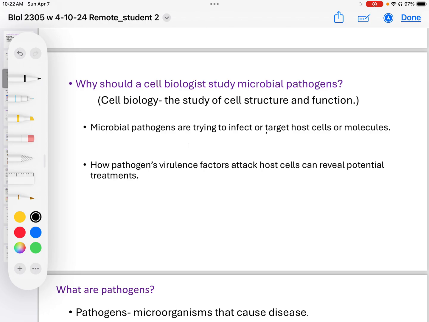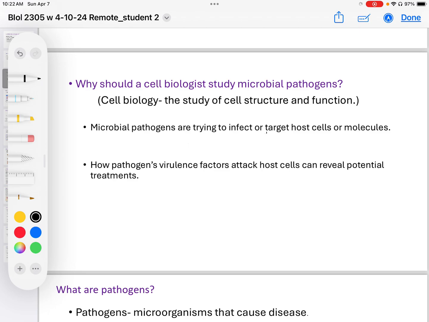Well, if we're thinking about the perspective of a microbial pathogen, they are trying to infect or target a host cell or molecule. And by knowing and learning about those factors, which are these virulence factors, cell biologists may be able to design an antimicrobial or antibiotic that would target those parts that would stop that pathogen.